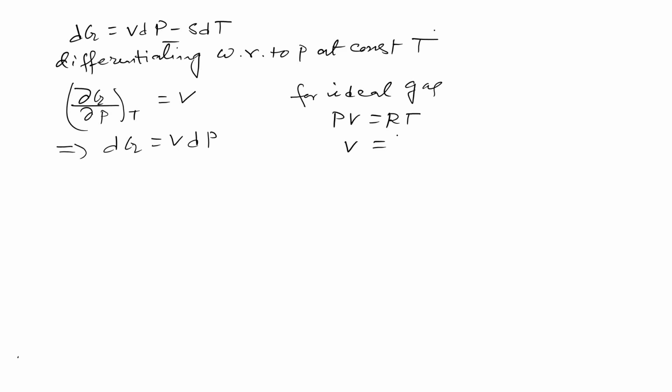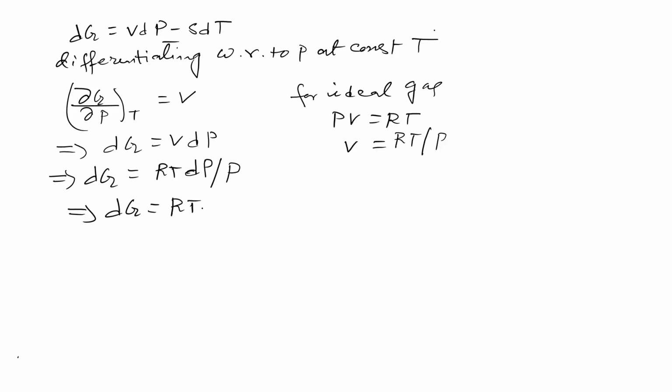So, V is equal to RT by P. Now, in place of V, I'll write RT by P. So, dG will be equal to RT dP by P. This equation, I can write in this form: dG is equal to RT d ln P. This is one equation.